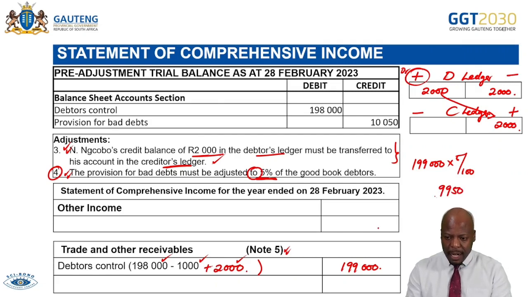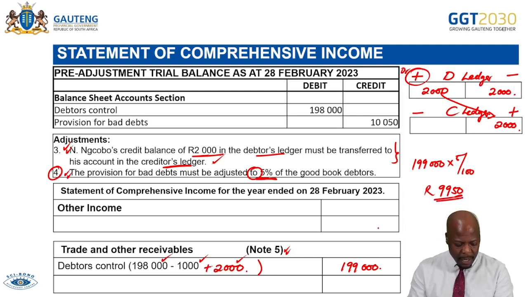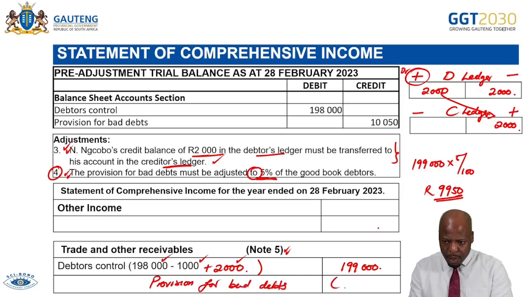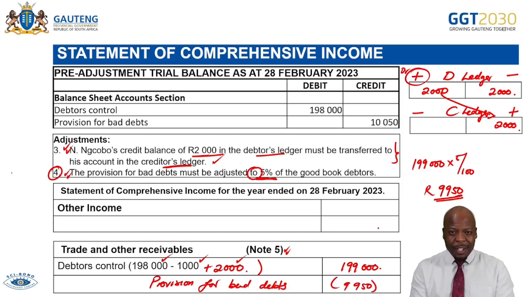When I have my 9,950, this is the provision for bad debts for this year. So I can come here and safely say, provision for bad debts, I can subtract here 9,950.